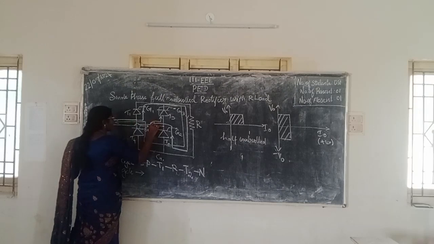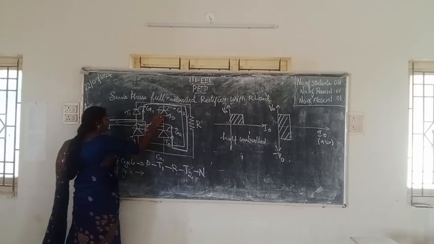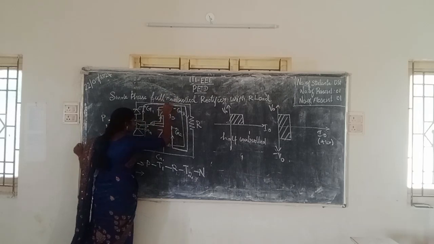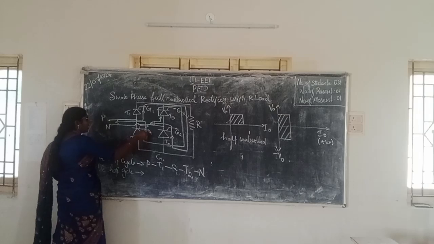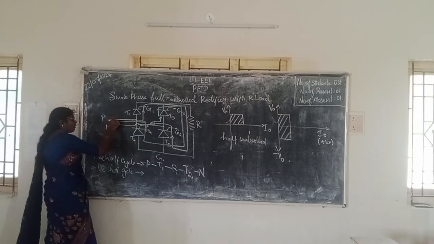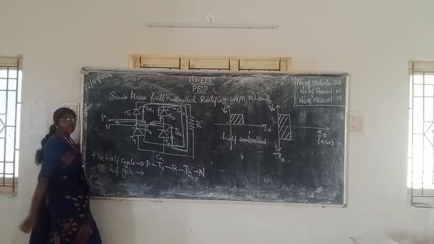I have drawn it in green color. From neutral, T3 is connected. Once the gate signal G3 is given, the current goes to the resistive load R, then to T4 and again to phase. Clear?